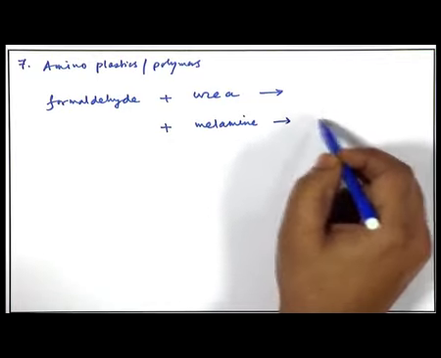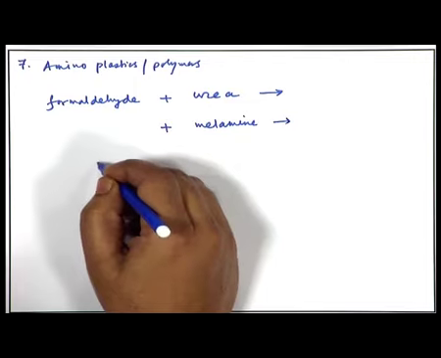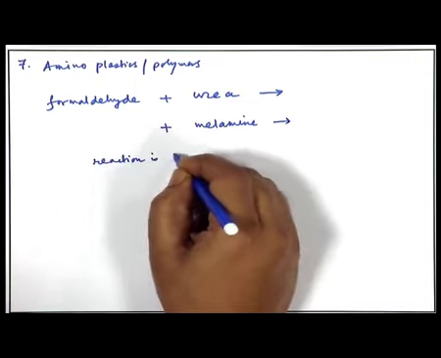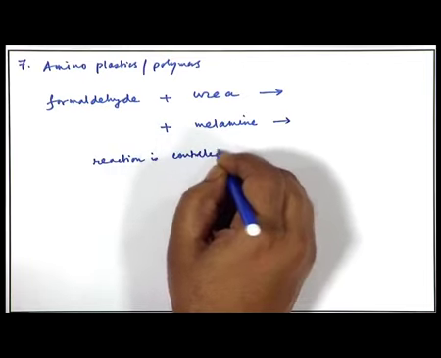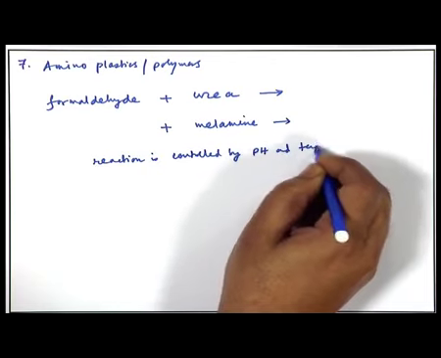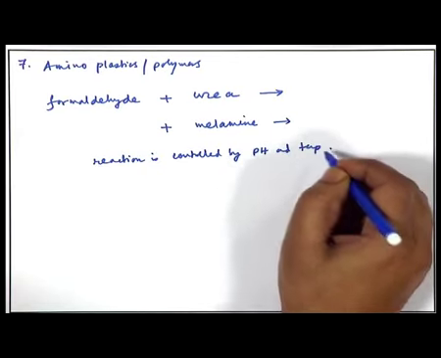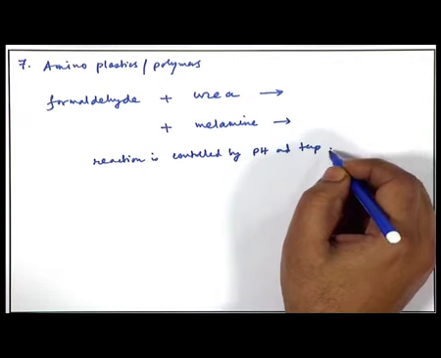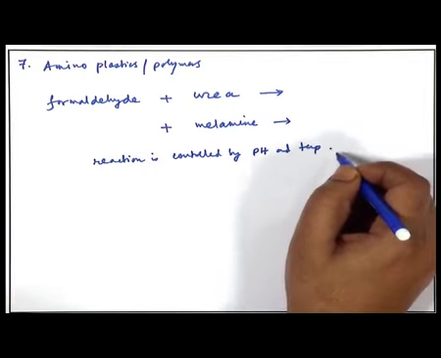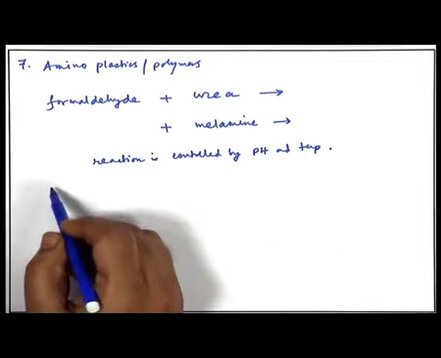So, you again get a cross link product, and the reaction is controlled by the pH and temperature of the medium. The reaction is stopped by cooling down the temperature and bringing the pH to near neutral.